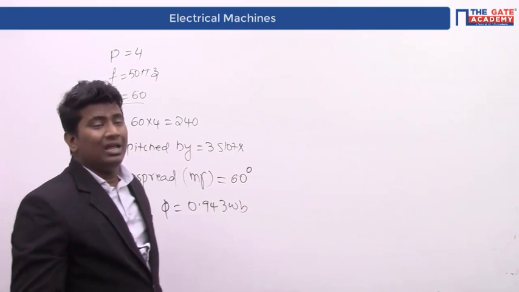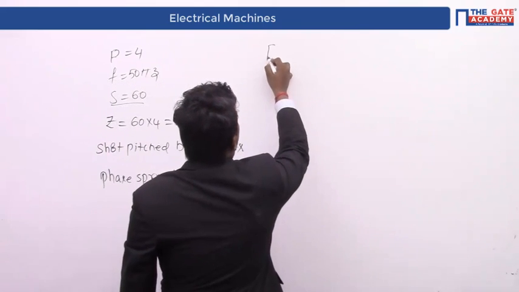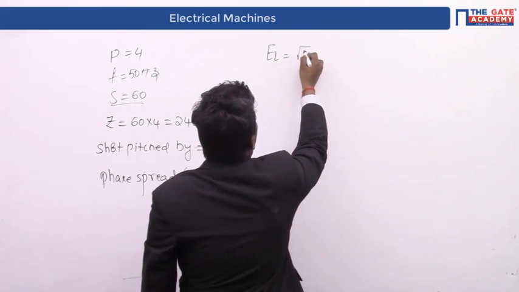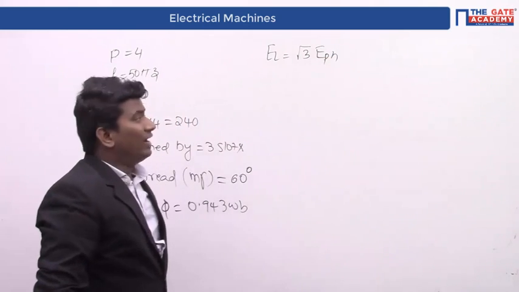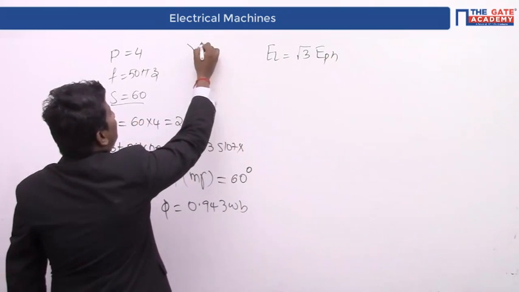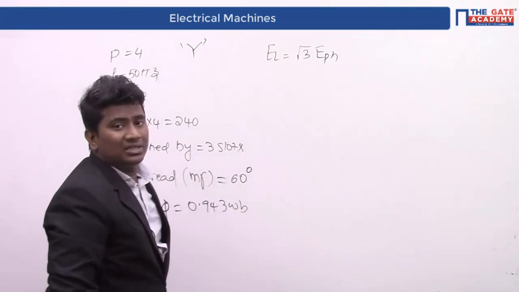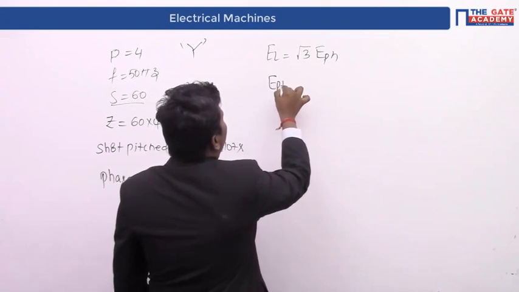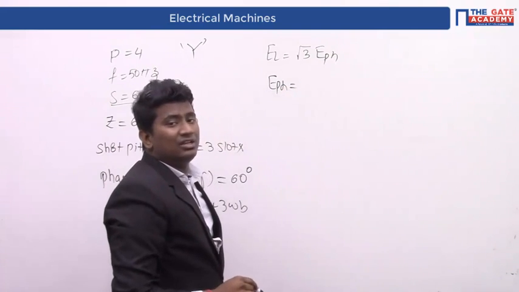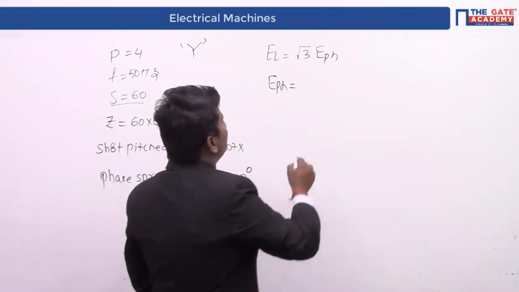What are they asking? Line voltage. What is that line voltage? It is √3 times the phase voltage. Why? Because it is a star connected alternator. So what is your EPH? Induced EMF per phase. What is that?